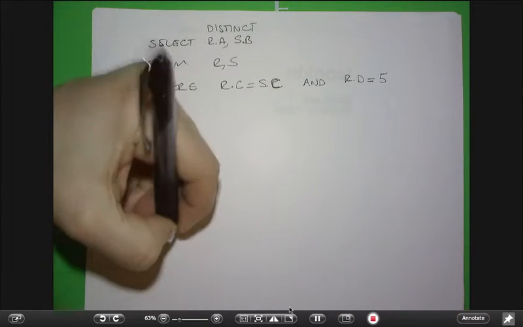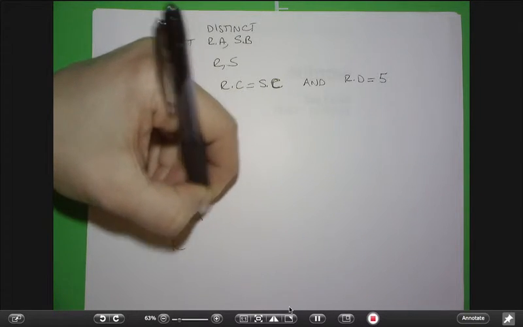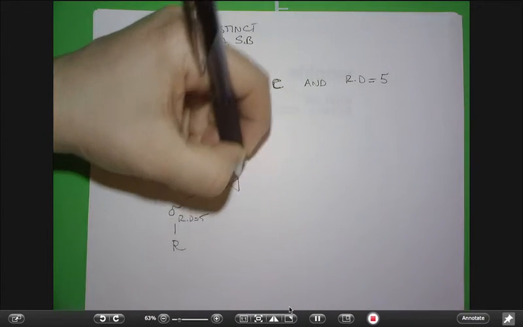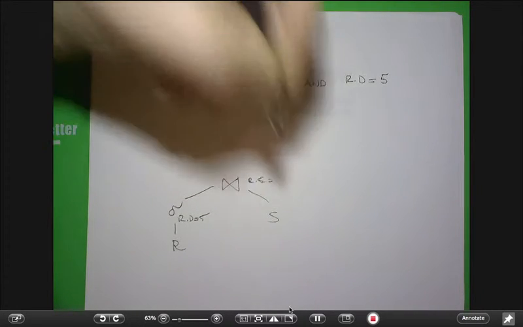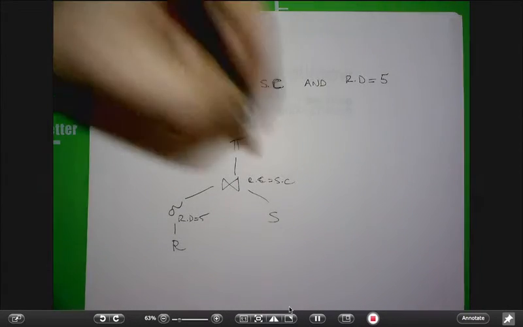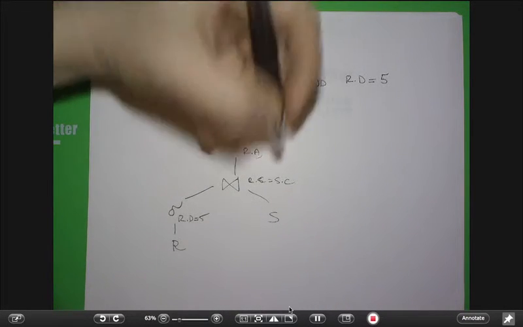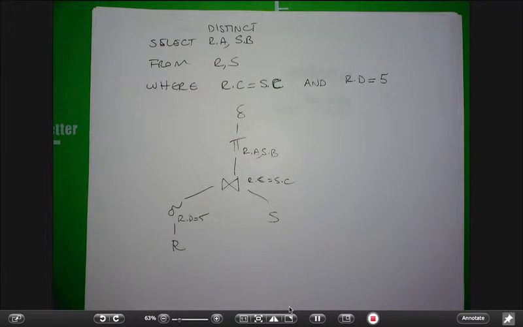A query like this actually gets translated into a query tree. And you're going to see that after we are done with this part. Given r, select r.d is equal to 5, then do a join with s on r.c is equal to s.c, then project on r.a and s.b, and then remove duplicates.